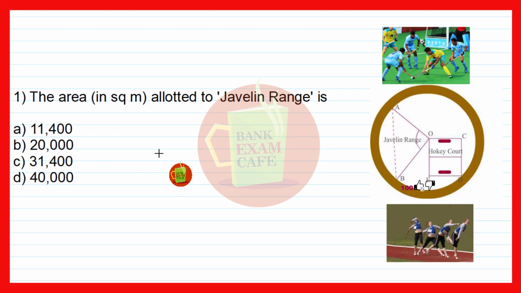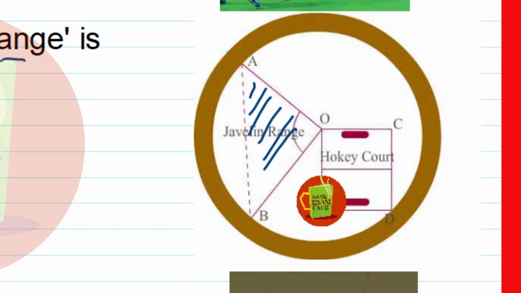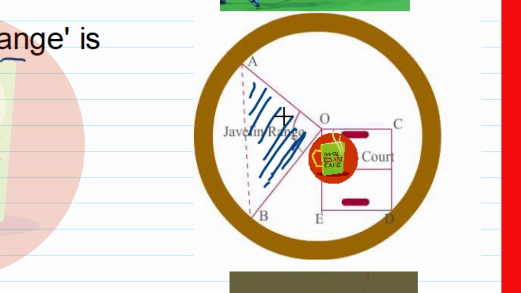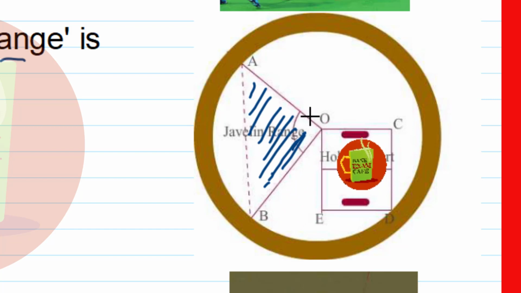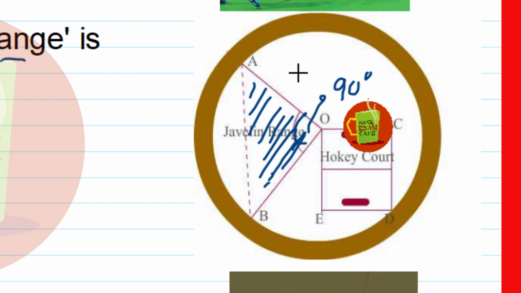The area in square meter allotted to javelin range is 11,400, 20,000, 31,400 or 40,000. Friends, this is the javelin range in the shape of a triangle, and we know that this angle is given as 90 degree and this radius is given as 200 meter.